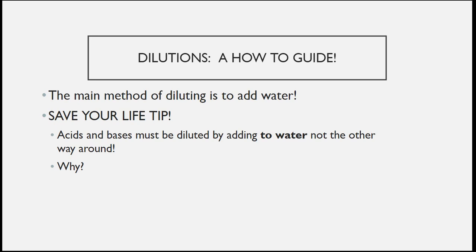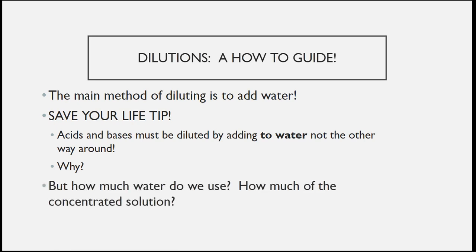If we add water to acid, the acid could splash out and cause a major hazard because the acid can't handle the absorption of heat that's created when the two are mixed. So now that we know we will always add acid to water, how much water are we going to add, and how much of the concentrated solution do we need?